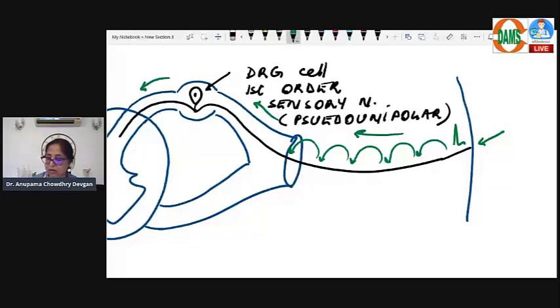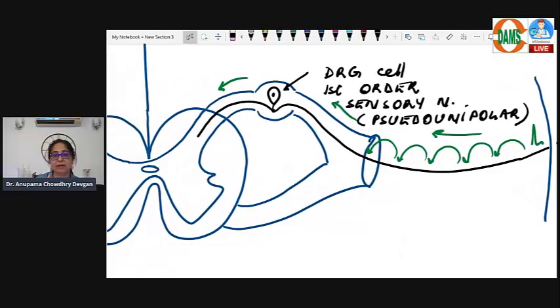So it goes by saltatory conduction, first via the peripheral process, then via the central process into the spinal cord. This is your DRG cell, dorsal root ganglion cell, which is the first order sensory neuron.